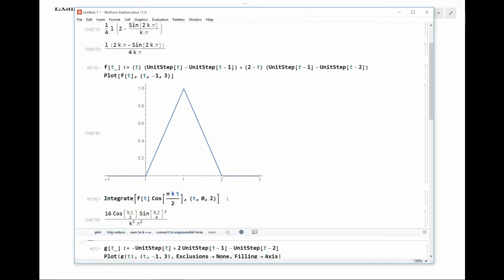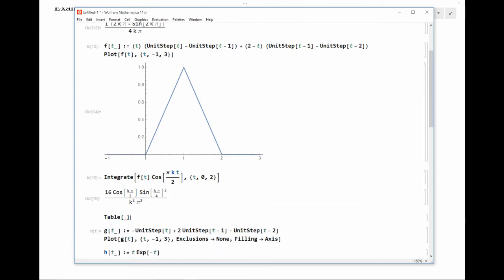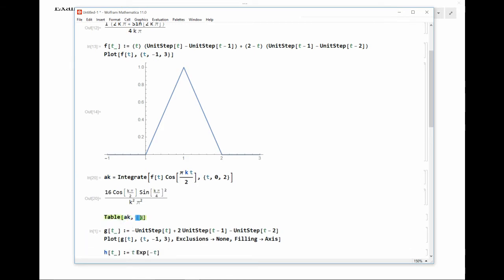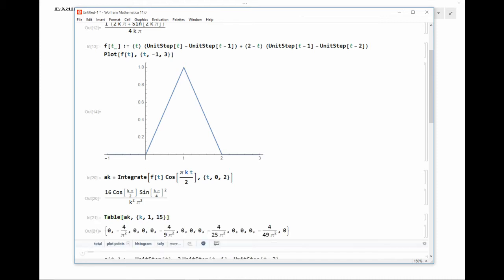As you can see, the formula is quite complicated, so I'm going to compute this formula for several k. So let's call this AK. Let's compute first 15 terms and see what happens.